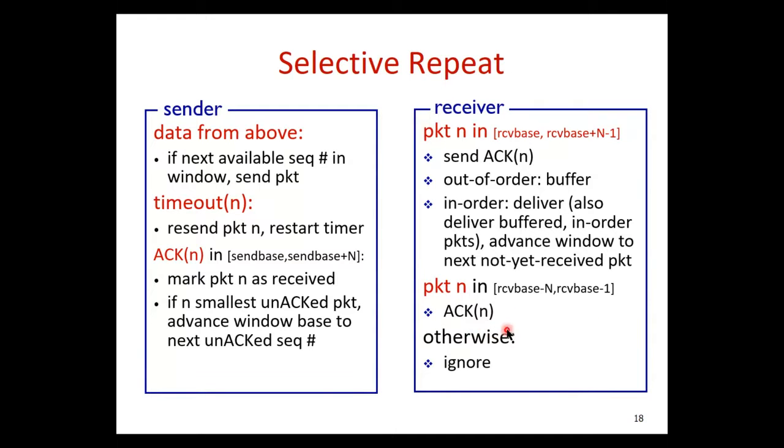So the receiver should still send back ACK of 5 and ACK of 6. Otherwise, in none of these two cases, it ignores, as this is an abnormal situation. Normally the receiver should receive a packet in the window or a packet in this range on the left of the window. Any question?